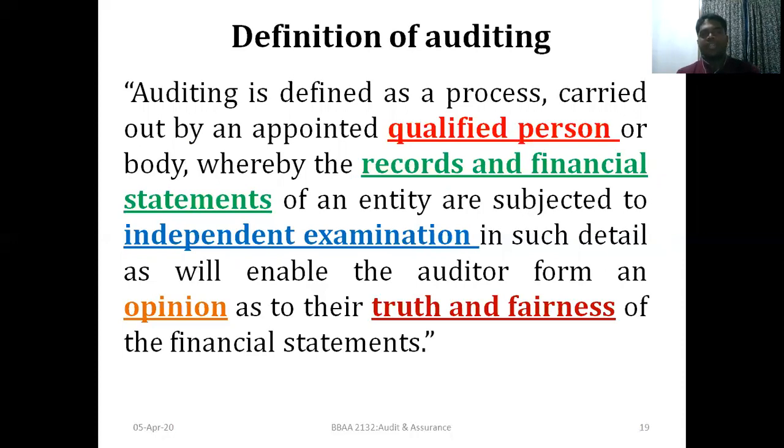The definition of auditing: auditing is defined as a process carried out by an appointed qualified person or body, whereby the records and financial statements of an entity are subjected to independent examination, in such detail as will enable the auditor to form an opinion as to the truth and fairness of the financial statements.